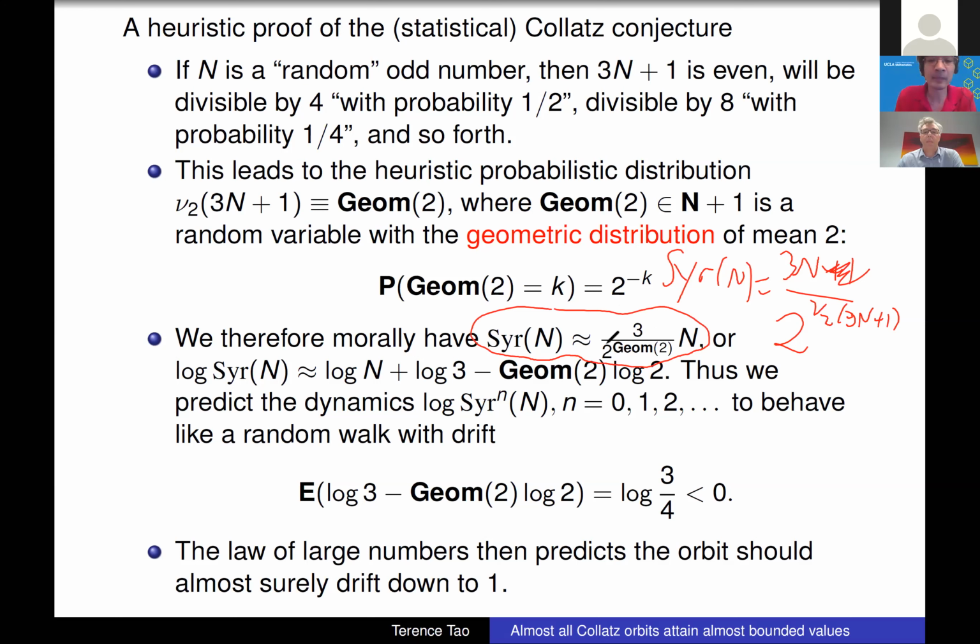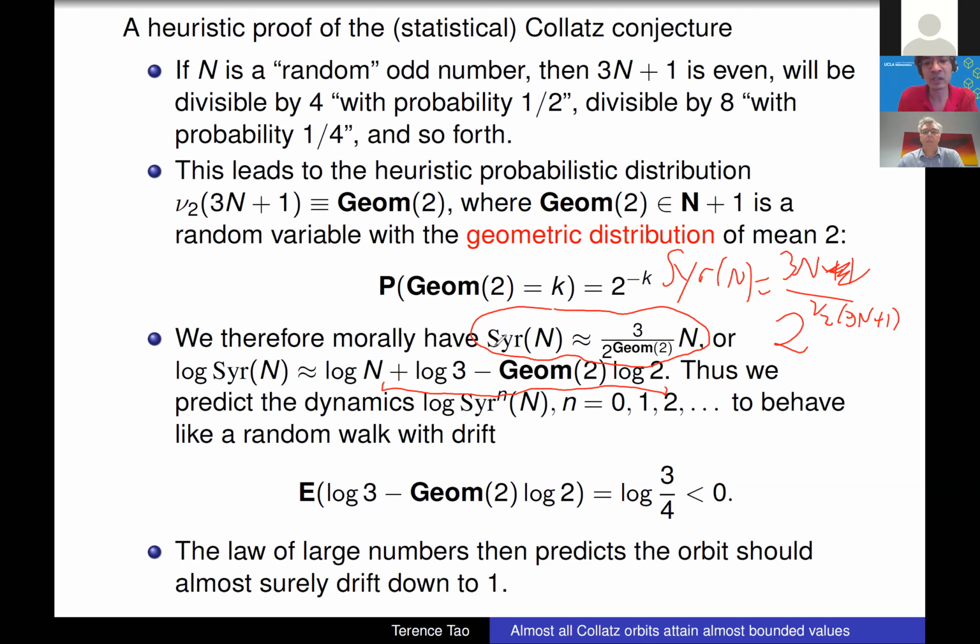Or if you take logarithms, the log of your output every time you apply the Syracuse map is the log of the input plus log 3 minus log 2 times a certain geometric random variable. So the iteration morally is like a random walk. Every time you iterate from n to Syracuse of n, you add a certain random shift, given by this random variable.